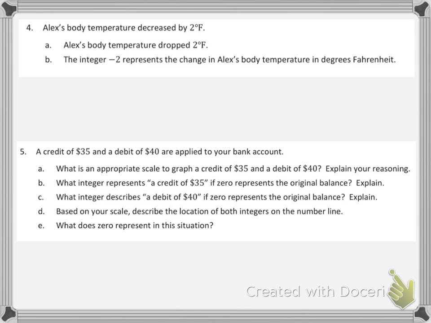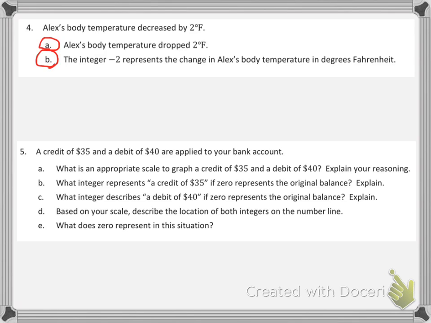Well, if his body temperature decreased by 2 degrees, that would mean that his body temperature dropped 2 degrees. So this one's okay. And then B, the integer negative 2 represents the change in Alex's body temperature in degrees Fahrenheit is also correct. So those are both good answers.